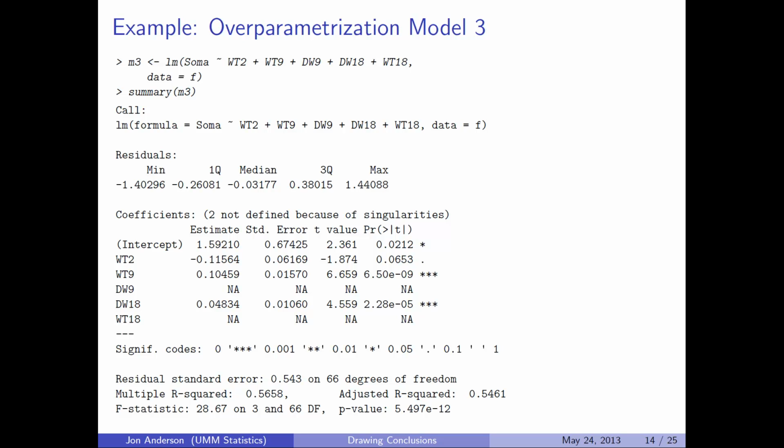Let's take a look for a moment at Model 3, where we have all of the original weight variables and the difference variables in the model at once. And you can see that when we look at the model output, R was not able to estimate all of the coefficients.